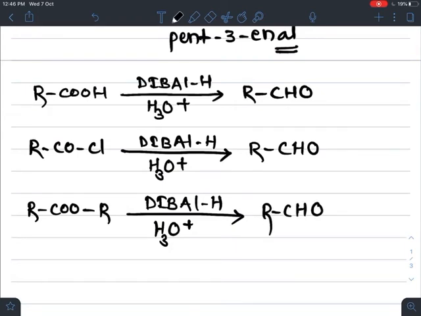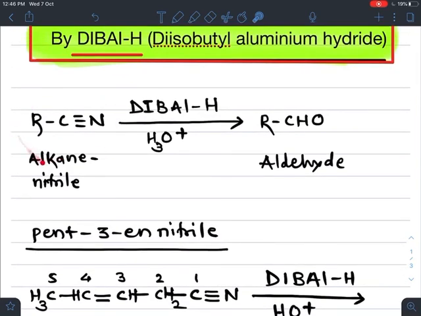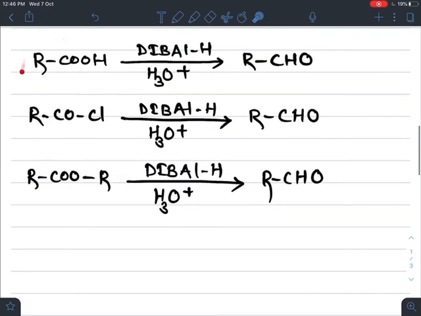So this is the most important method for the production of aldehydes from cyanide, that is RCN, finally converted into RCHO.